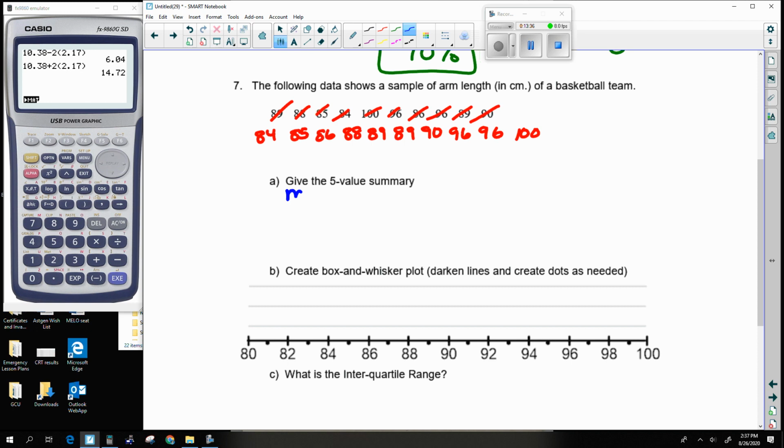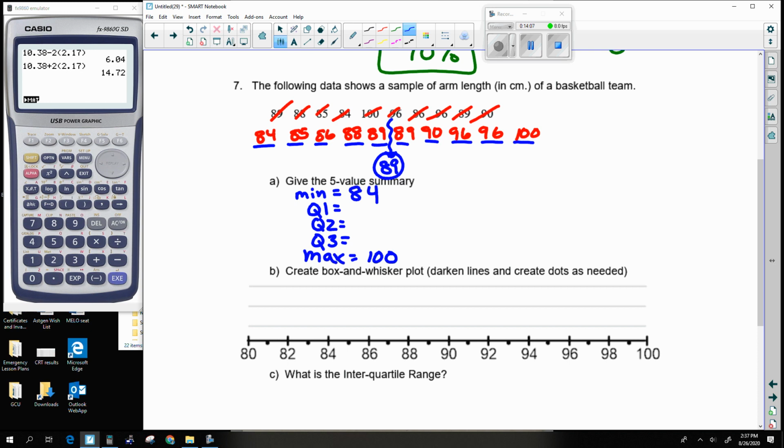5-value summary is going to be the min, quartile 1, quartile 2, quartile 3, and the max. The min is the smallest number, the max is the biggest number, and now we have to find medians. It's going to be in between those 89s.